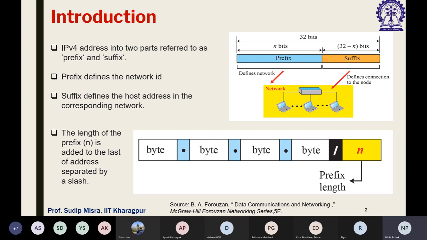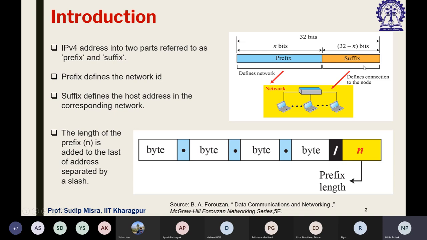If you recall, this is something we covered before. If we are talking about a 32-bit address, that means IPv4, you can split this 32-bit address into two parts.